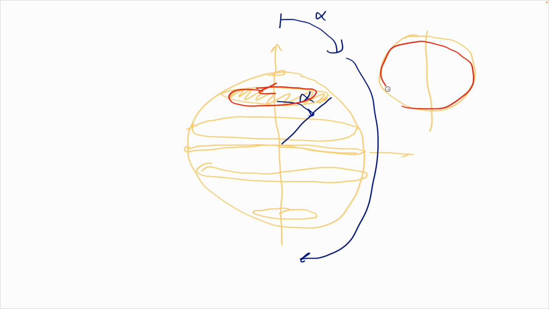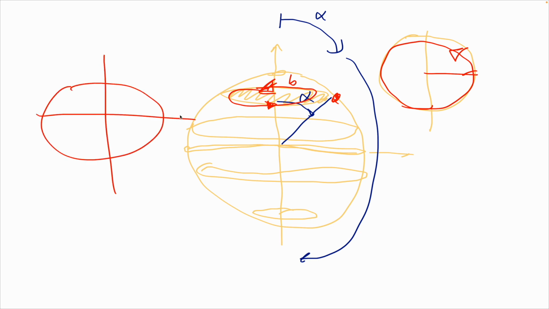So if that's a slice, we're moving around that as well, so around this circle. So we've got two angles, we've got b and a, and we are putting points. Let's draw that again. So pick a different colour.